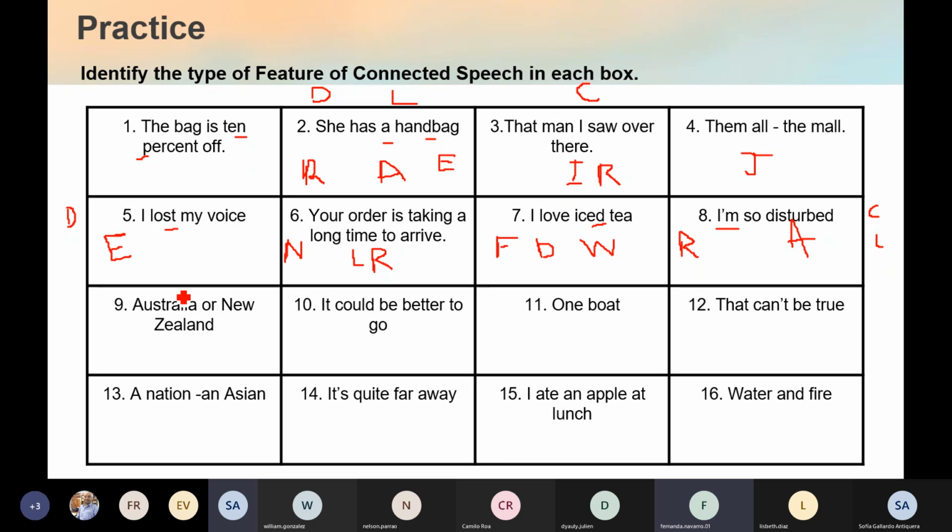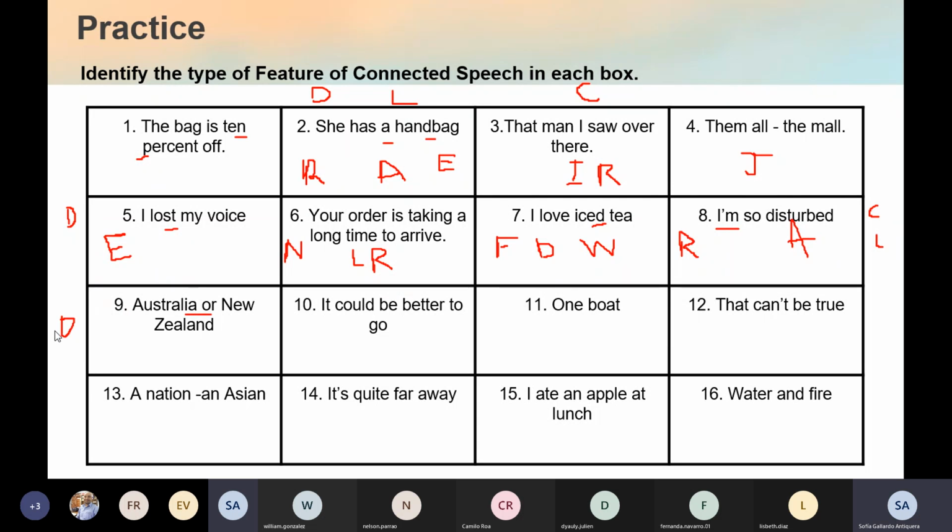Australia or New Zealand. Okay, I think it's interesting. Great, yes. So Jolie was correct here. It is intrusive because we don't have the R in the spelling here.